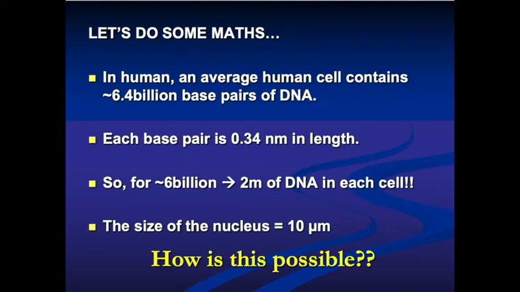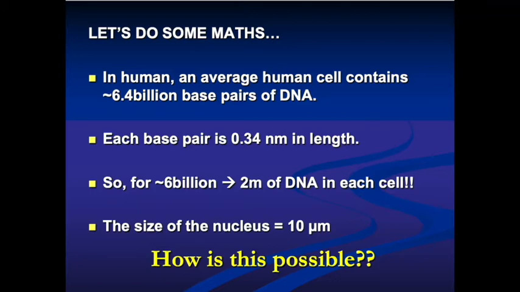But before that, let's do some calculation. An average human cell will contain roughly 6.4 billion base pairs of DNA, and each base pair is 0.34 nanometer in length.